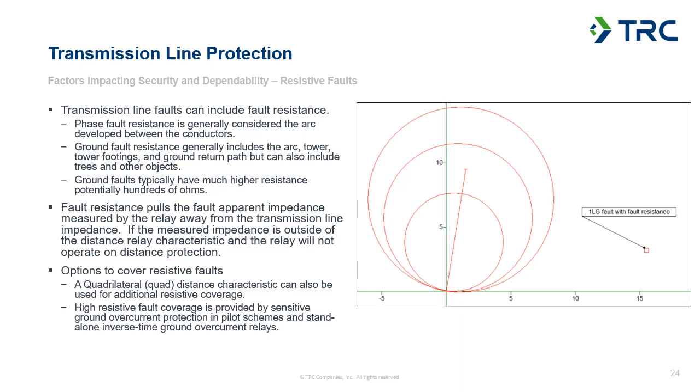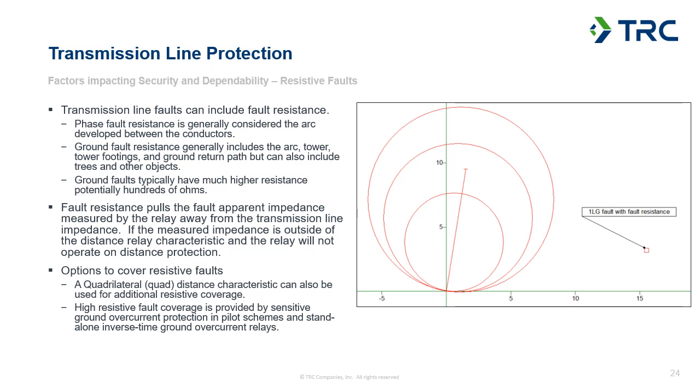So if you're in an area where you expect resistive faults, that type of fault would be something the utilities have seen before and want to plan for in their settings. They may look to see if you can model and set your protection to ensure it provides a certain amount of resistive coverage.